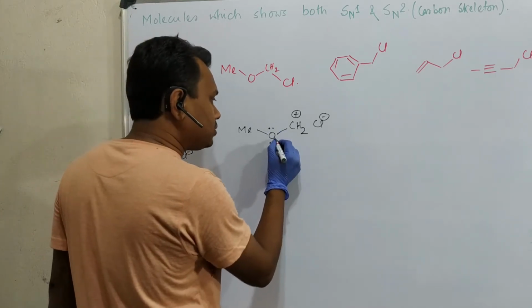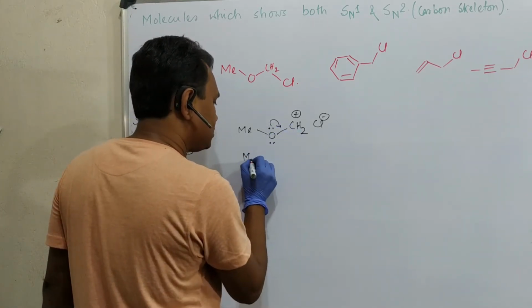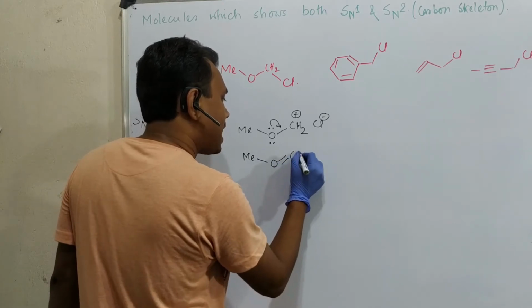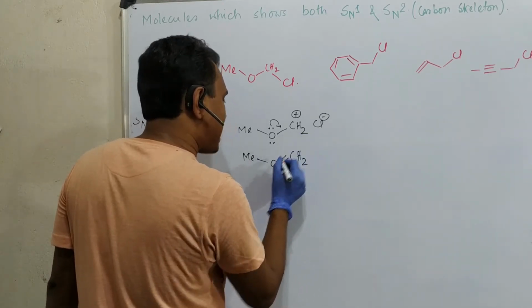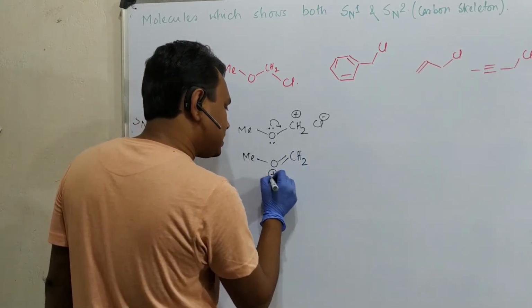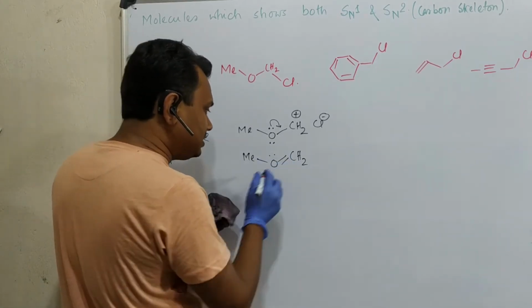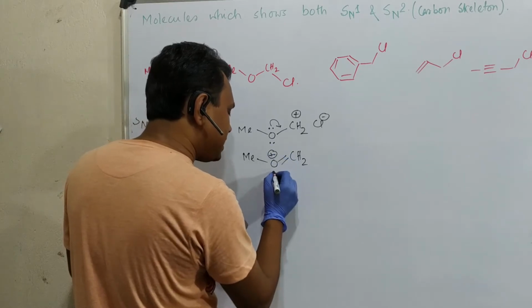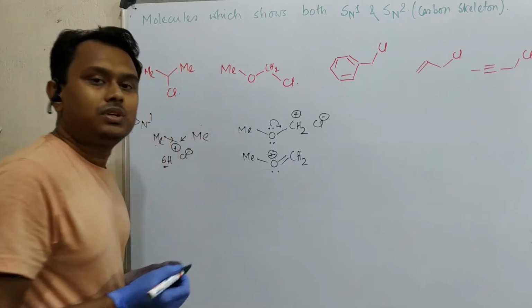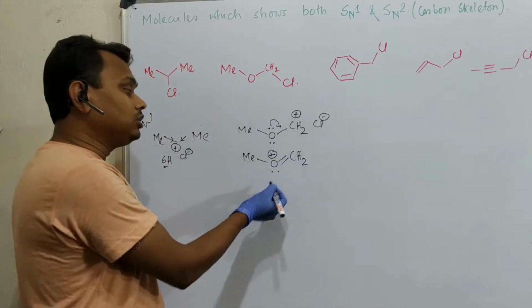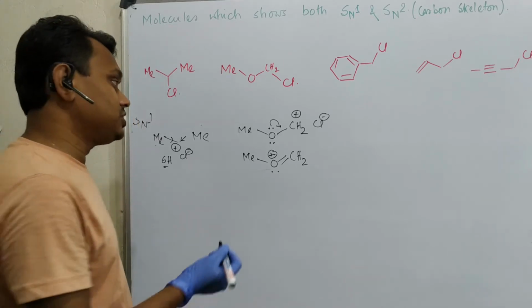Why? Because of the conjugation of the lone pair on oxygen. Carbocation is a six electron species, but in this canonical form every atom has its octet filled up. That's why this is more stable, although oxygen is carrying the positive charge.